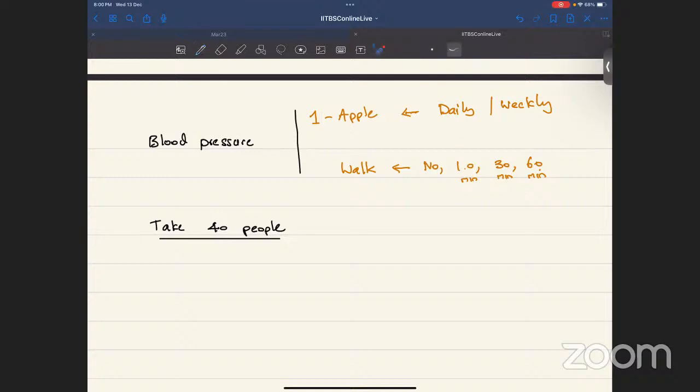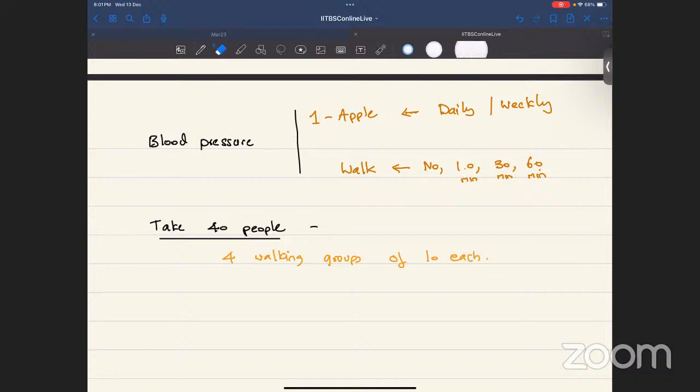There are four groups in walking, right? So we'll split them into four groups first, four walking groups of 10 each.